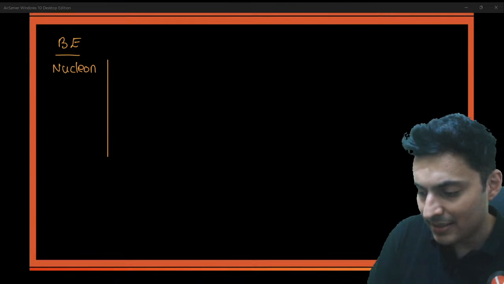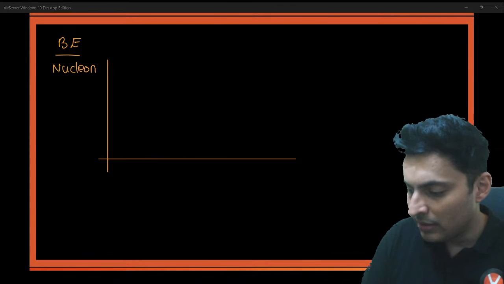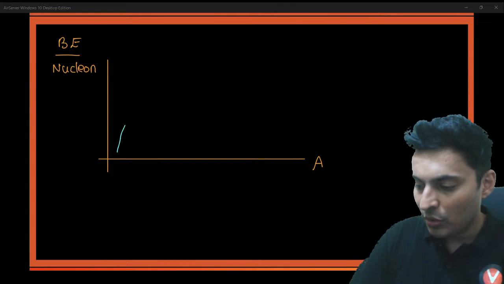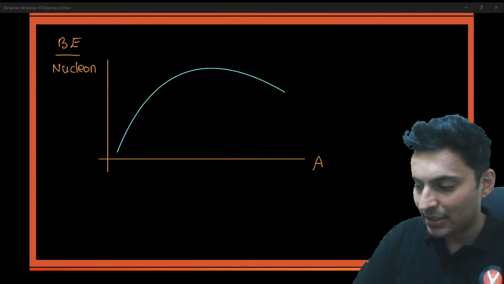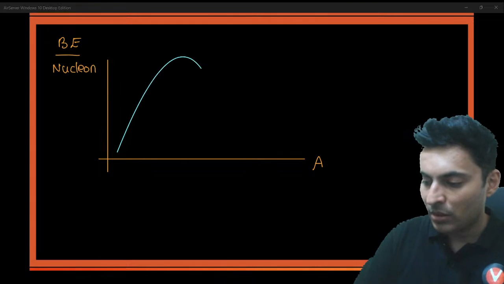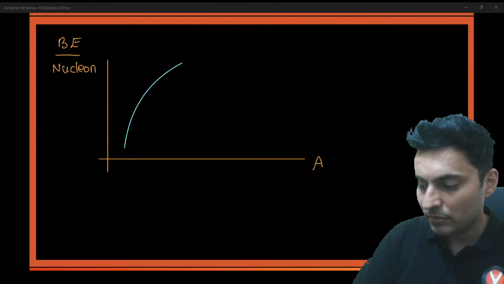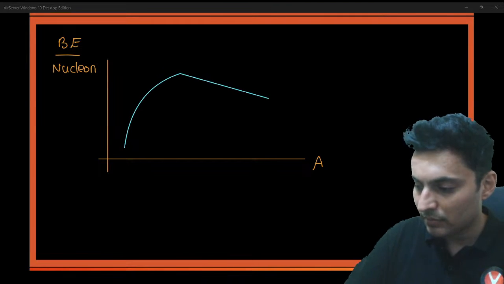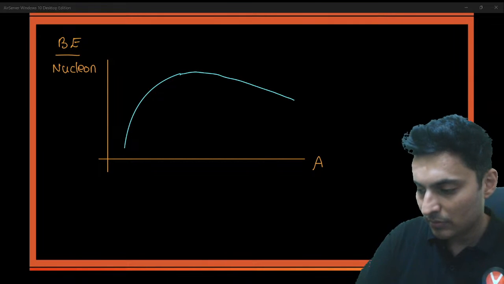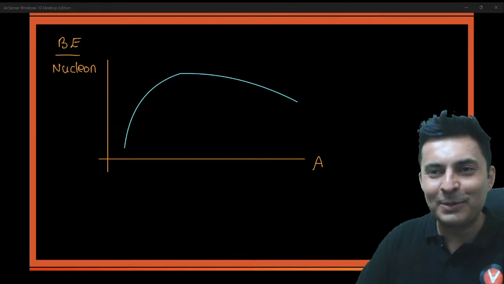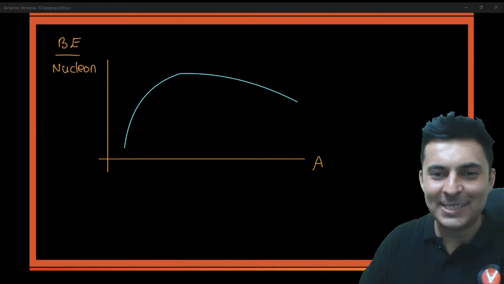on the y-axis versus the atomic mass number. This graph goes like this and goes like that. And then it goes like this. Where does it become maximum?